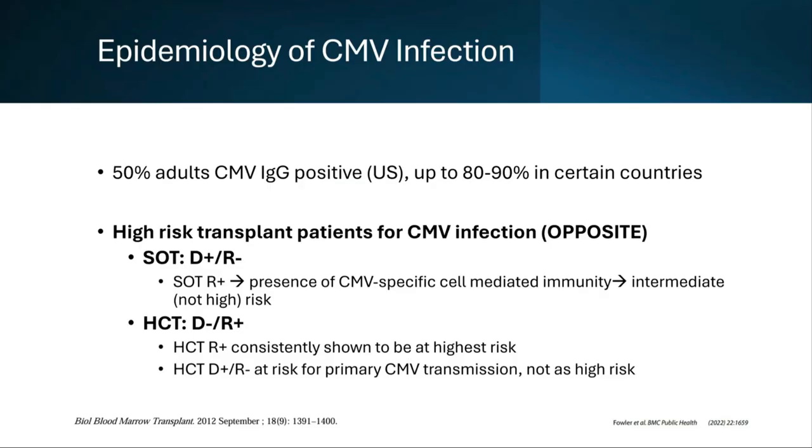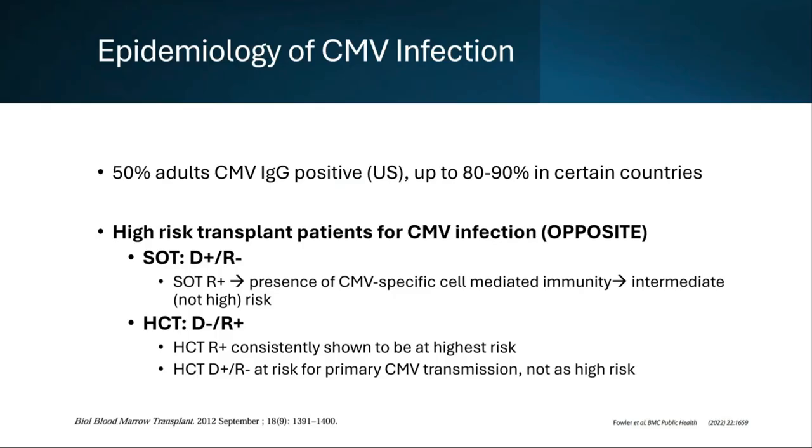So specifically, if you look at the transplant population, and in terms of who is at your highest risk, if you look at the organ transplant, it is donor positive, recipient negative. And remember, in stem cell transplant, it's the opposite. It's donor negative, recipient positive.